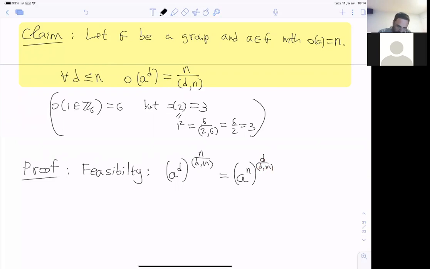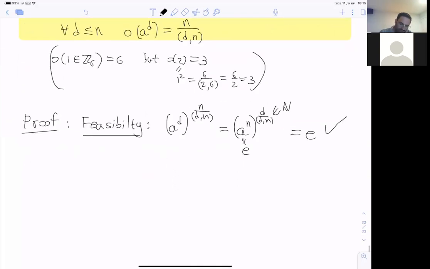So this is a natural number. So this is of course e. So it's possible. The next thing we want to show is minimality.